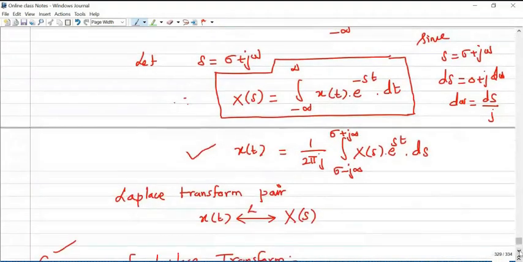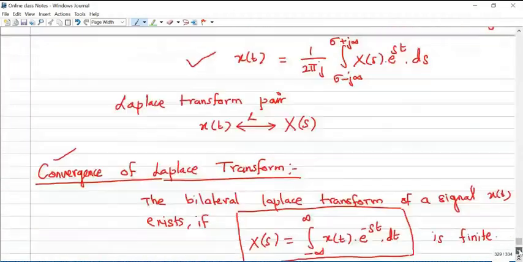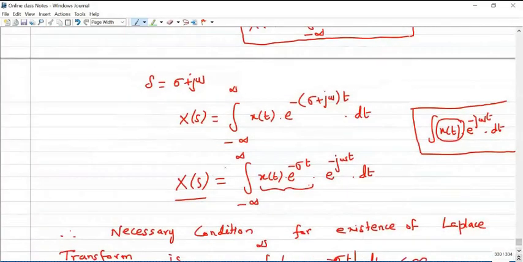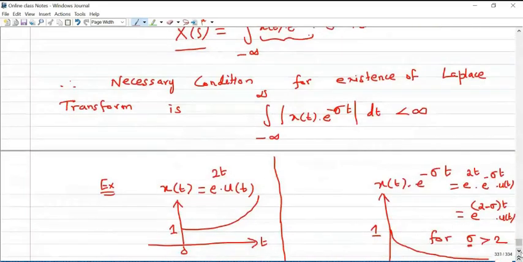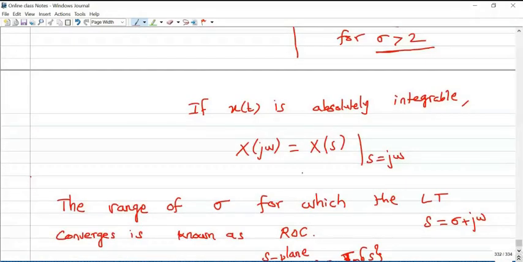Okay. We are adding one more term, sigma. The Laplace transform is equivalent to the Fourier transform of x of t e power minus sigma t. If x of t is absolutely integrable, then Laplace transform and Fourier transform are the same, just replacing s by j omega.